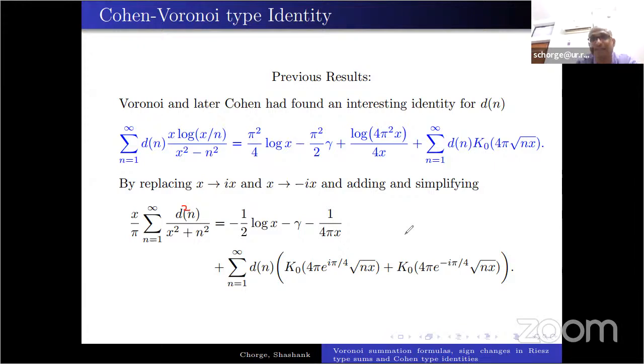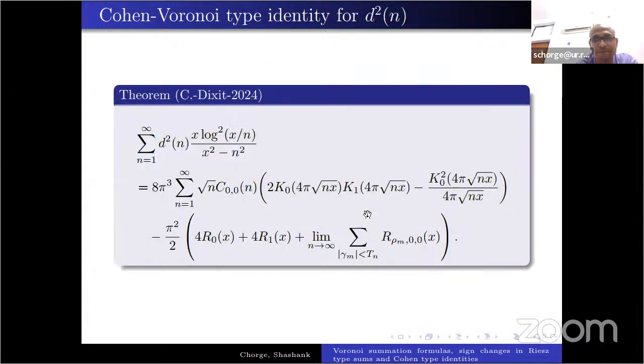But unfortunately, the answer is no. We had to use a different method to find the Voronoi summation formula for d square. This method does not work, and the reason is, let me go further. First I will show what the formula looks like, and then I will tell you why it doesn't work in our case.